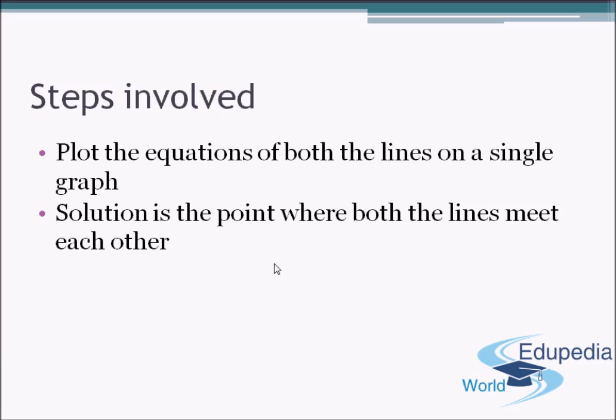That is, we have to find out the point common to both the lines. That particular point will be the solution of the given pair. Let us study the graphical method with an example. x plus y minus 10 equal to 0 and x minus y plus 4 equal to 0 be the given pair.